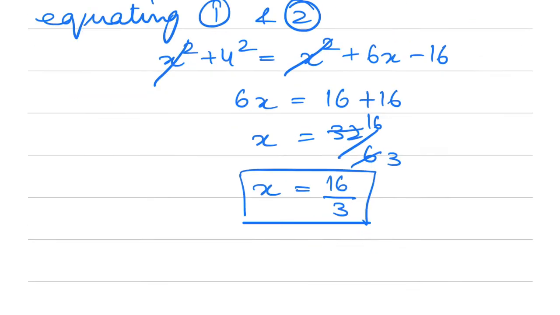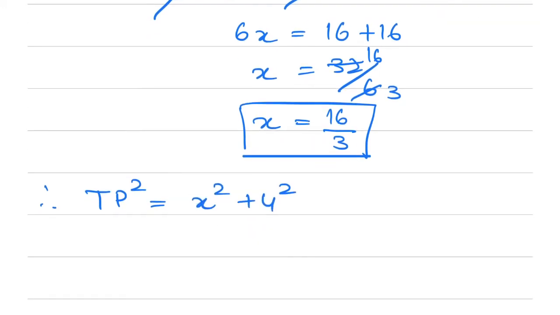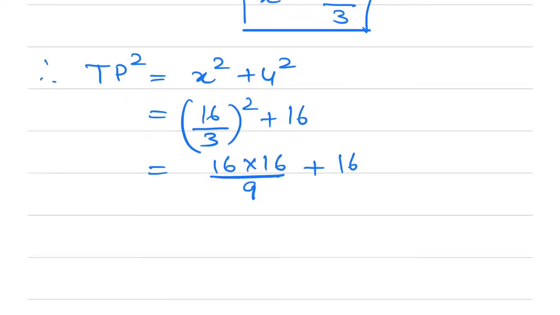Now we have to find TP square. Therefore, TP square is equal to x square plus 4 square. We'll substitute the value of x. So 16 by 3 whole square plus 16. Now here we have 16 into 16 by 9 plus 16. Now I'll take the LCM.